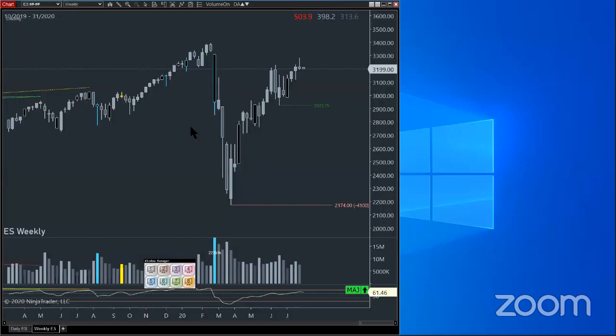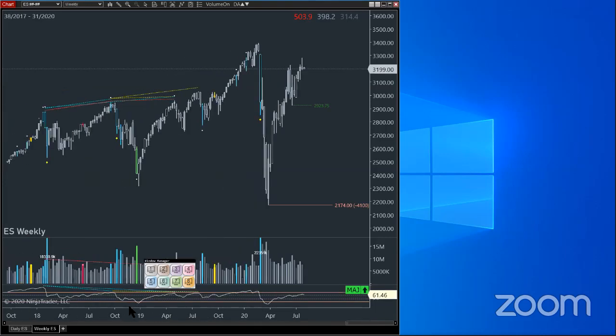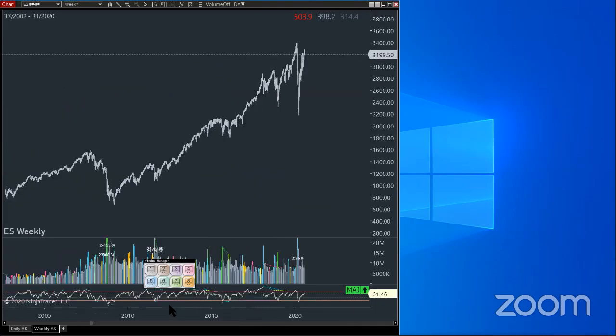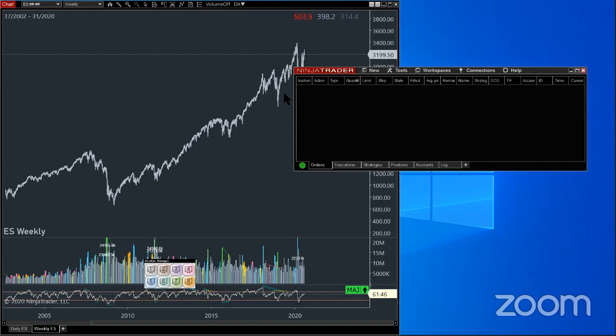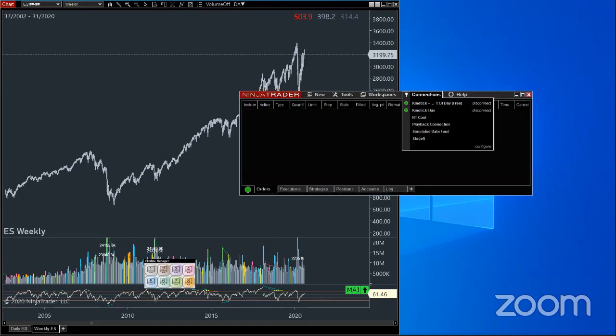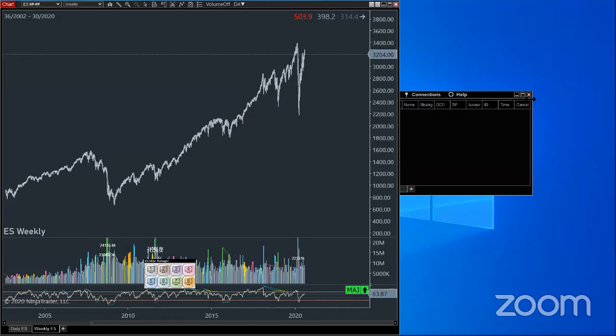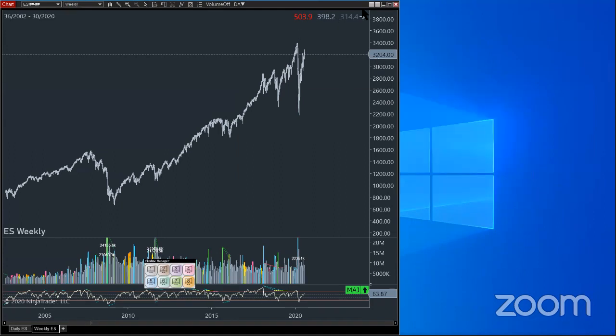And that is the continuous contract that we're getting the non-back adjusted data for from the free Kinetic data feed that comes with Ninja. So Ninja provides you with free daily data for pretty much every market available, most of them, for daily and weekly, which is made up of daily bars.